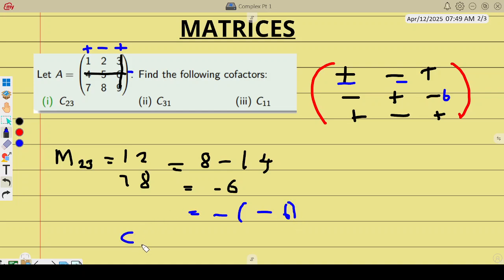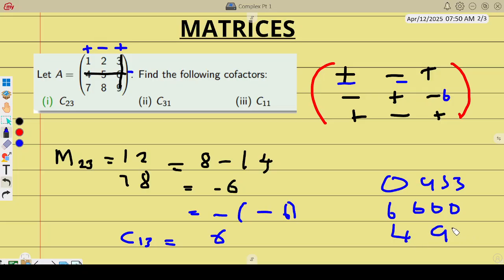This means that the cofactor is positive 6.